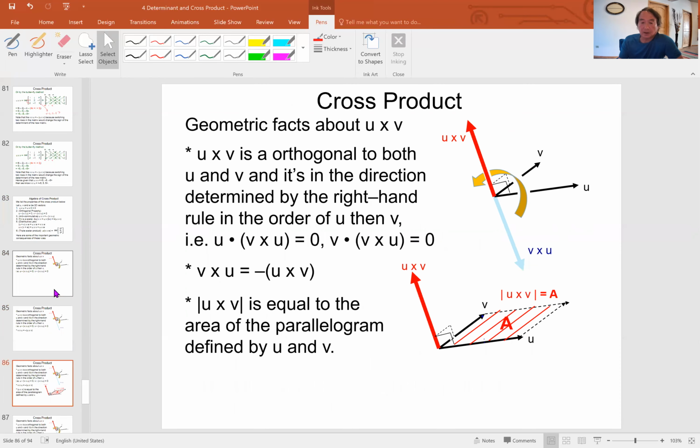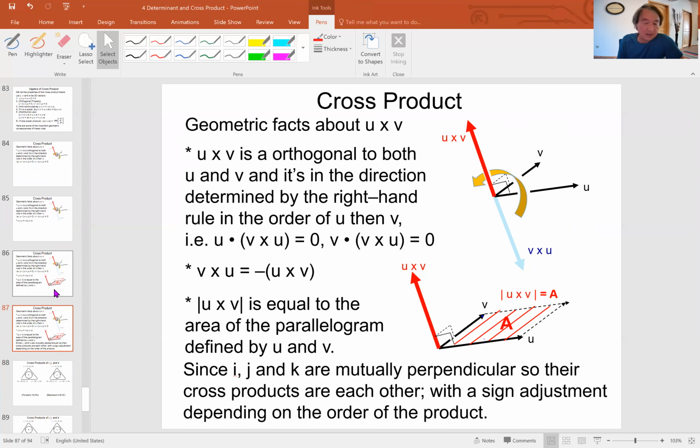A consequence of that is that the absolute value of u cross v gives the area of the parallelogram defined by u and v. These come out as consequences of rule number 6.